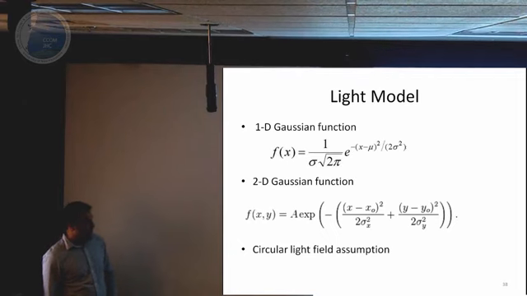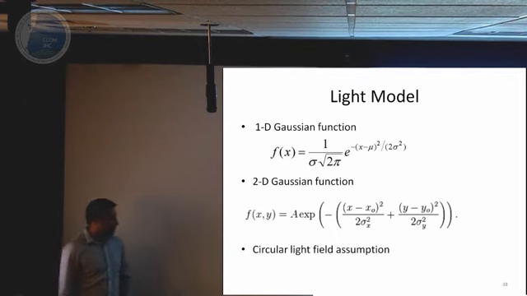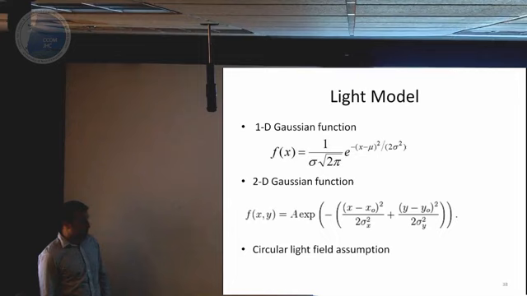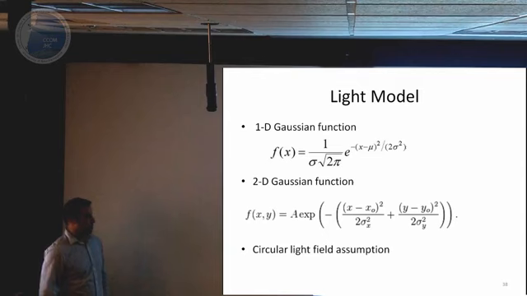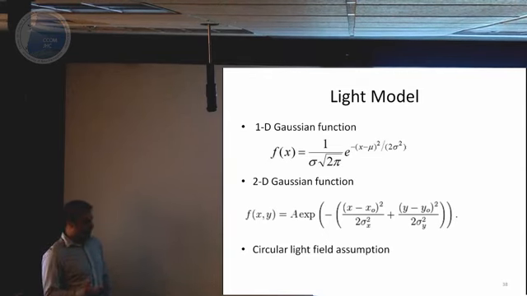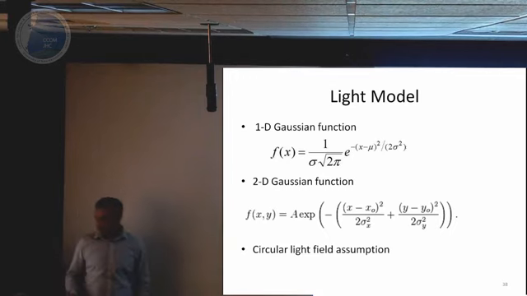The same applies for x and y. In the 2-dimensional Gaussian function, you just have x naught and y naught, another distance term. But we assume that the light is circular, so x naught equals y naught, and then these drop out.